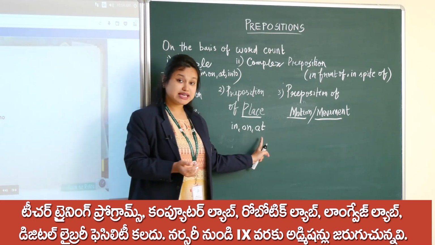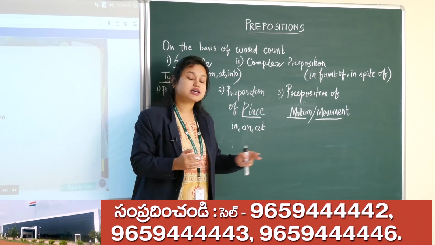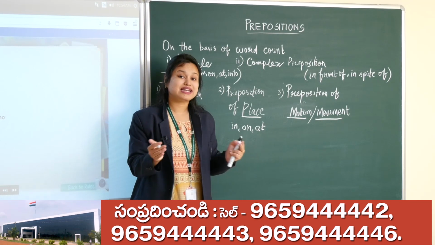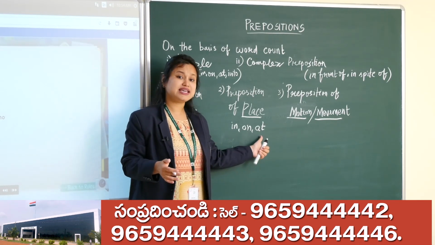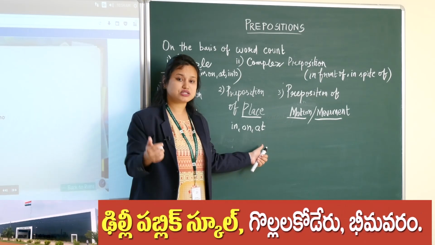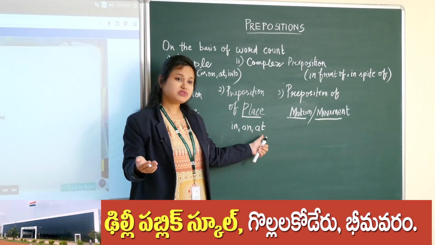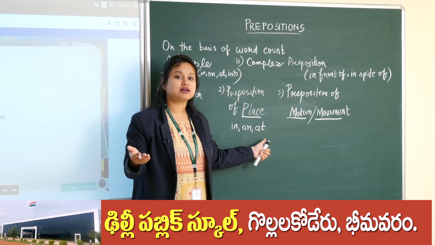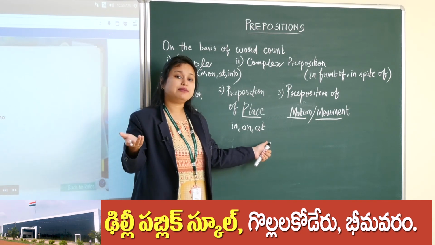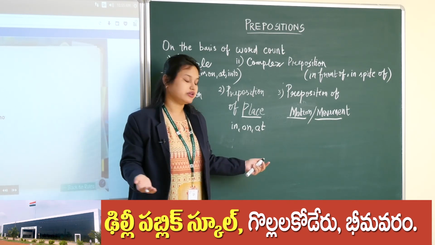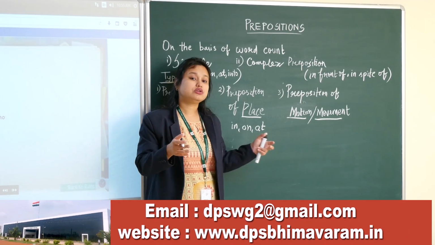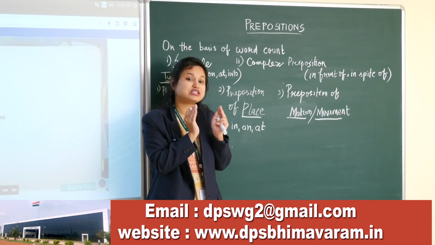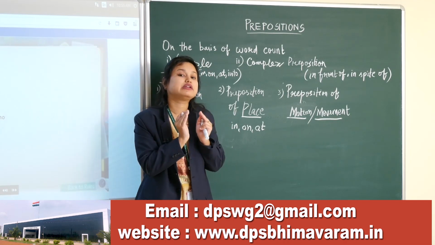But we use at when we talk about something which is open, not an enclosed space but an open space. He is standing at the bus stop, or he is playing at the park, means the park is the open area, right? And also we use at to talk about a particular address or a particular street or a particular place.